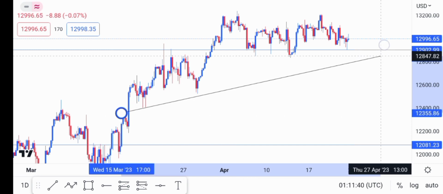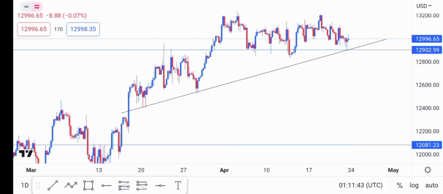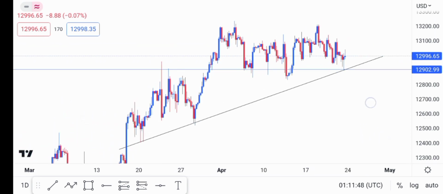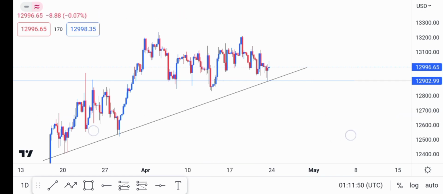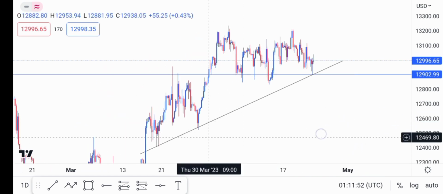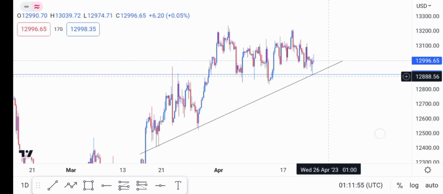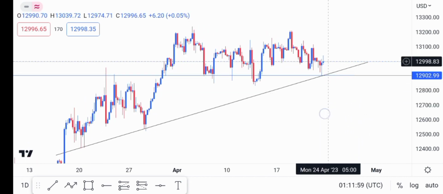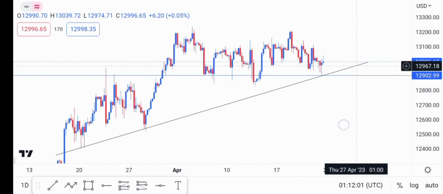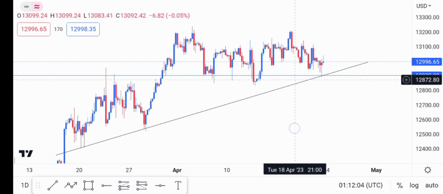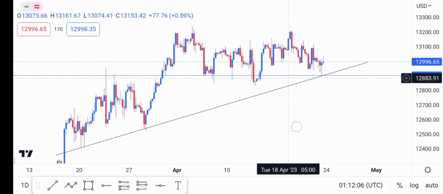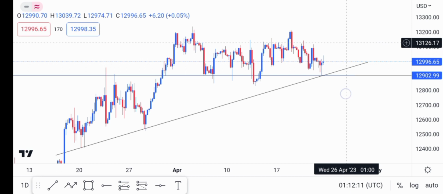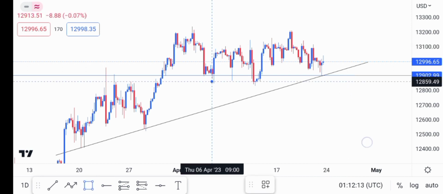Okay, if you adjust it, we could say we are seeing this kind of pattern occurring, which is a trend line, which had a first touch, second touch, and a third touch, and we have a pin bar candlestick over here. So we have three confirmations: the trend line, the level here that supports the trend line, and the pin bar candlestick showing us that there's a potential movement to the upper side.